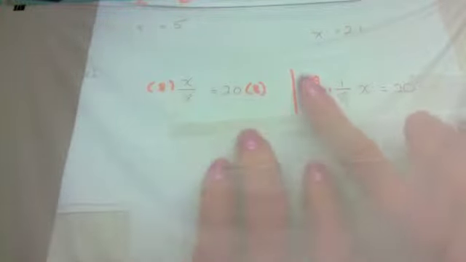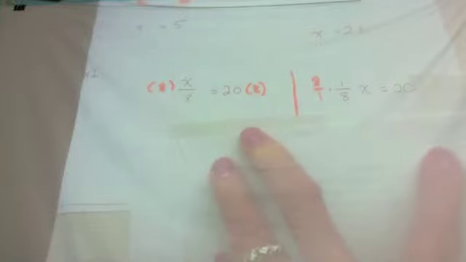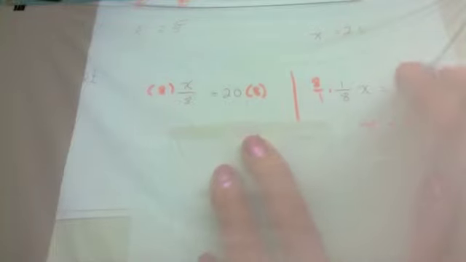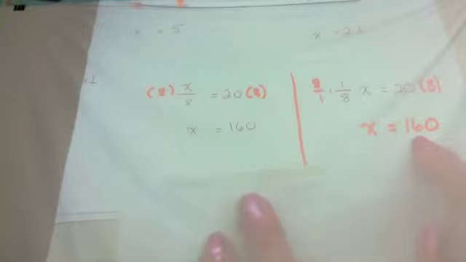The 8 is dividing x. So how do I get rid of an 8 in the denominator? I'm going to put it in the numerator. So I have to multiply this side by 8 as well. That simplifies to be a 1, and 8 times 20 is 160.